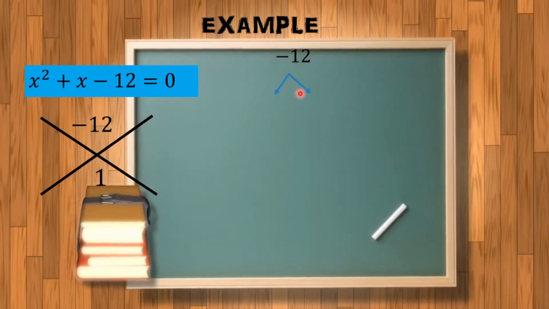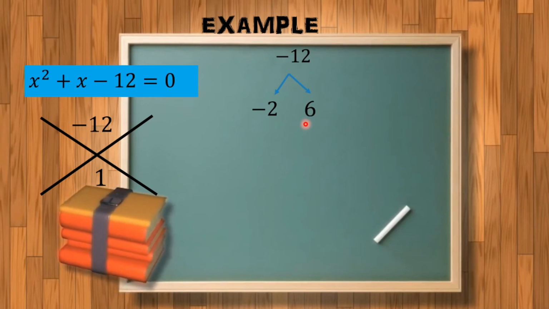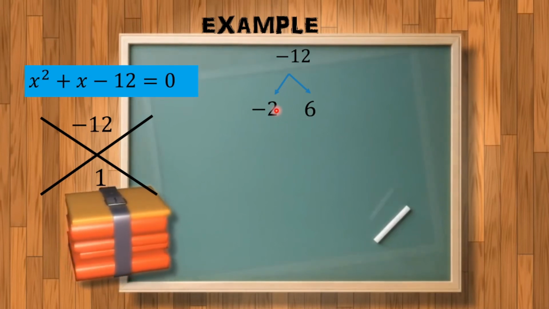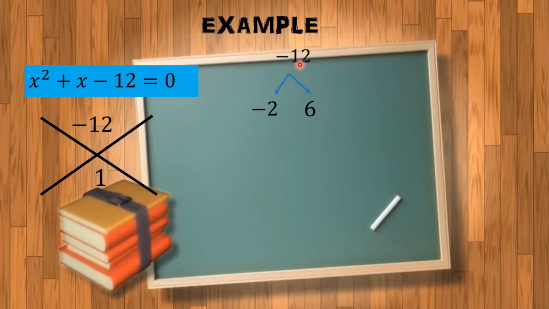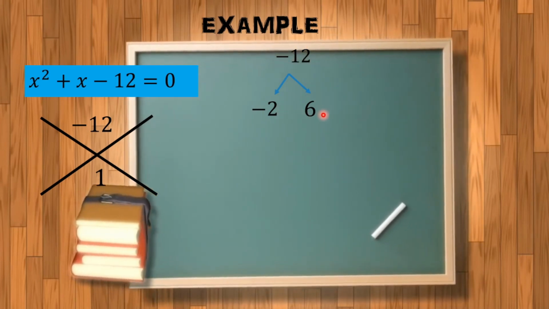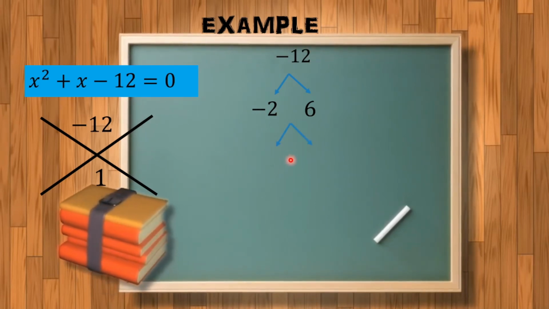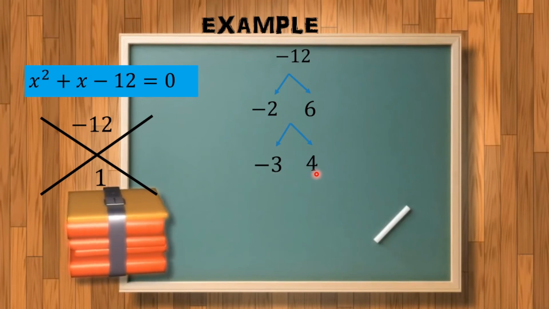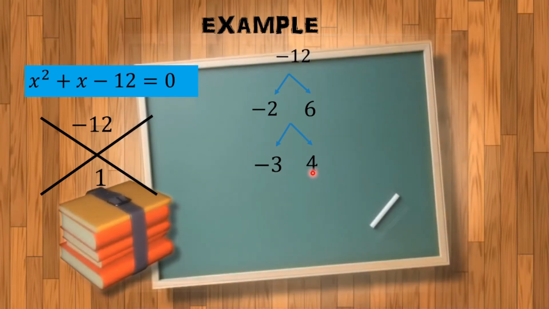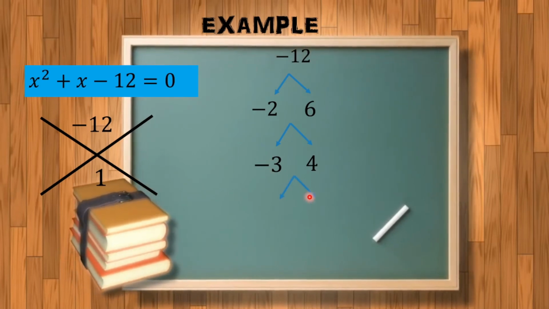Okay, so now we determine the factors of 12 first, and so we have negative 2 times 6 is equal to negative 12, and also we use negative 6 and positive 2, the same negative 12, and the other factor is negative 3 and 4, or vice versa, the negative is 4 and the positive is 3.